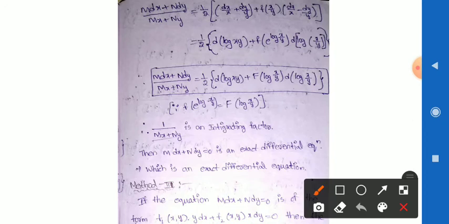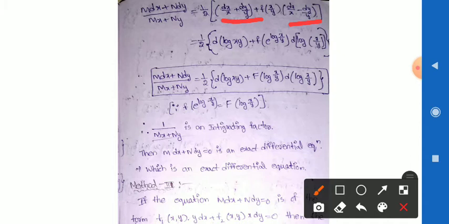Because (Mx - Ny)/(Mx + Ny) is a homogeneous function, so it can be written as f(x/y) multiplying dx/x - dy/y. This can be written in integrating factor form.